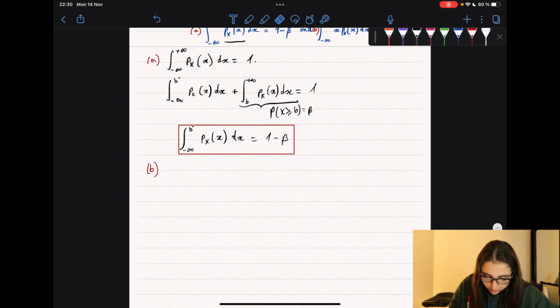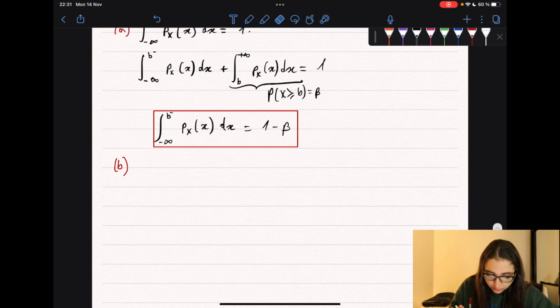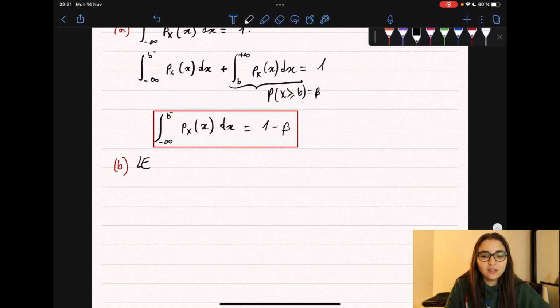We know that x is zero mean, which allows us to say the following. We're just going to write down what zero mean actually means, and from there we're going to derive the inequality that we were asked to show.